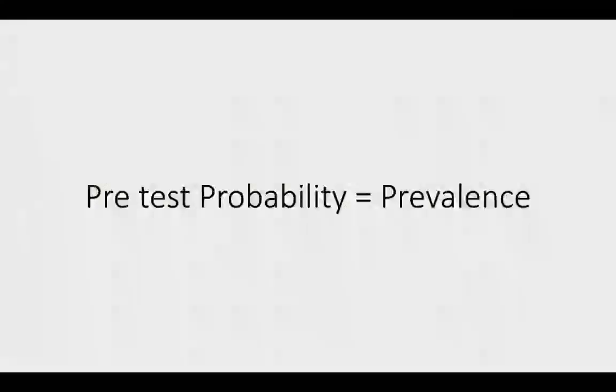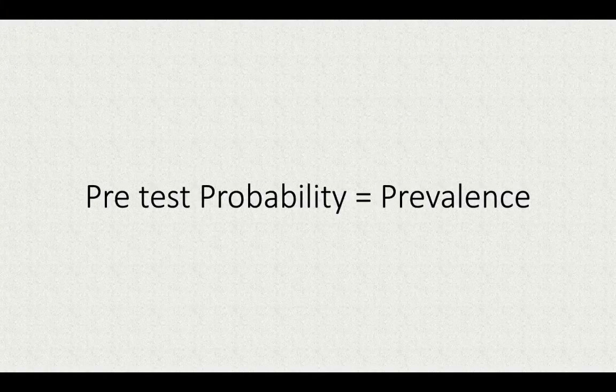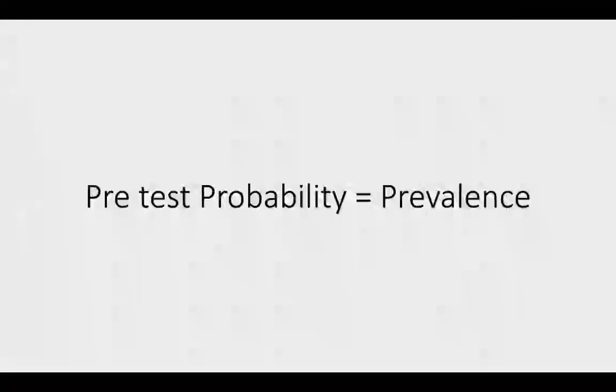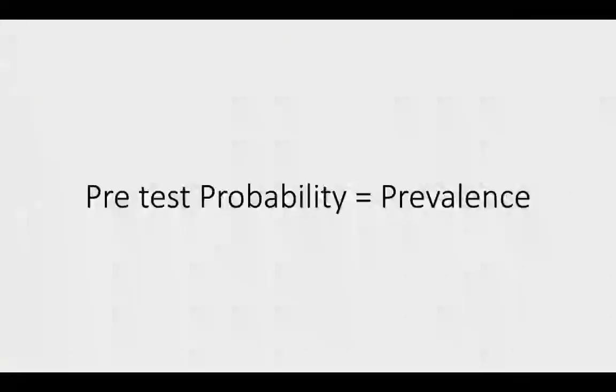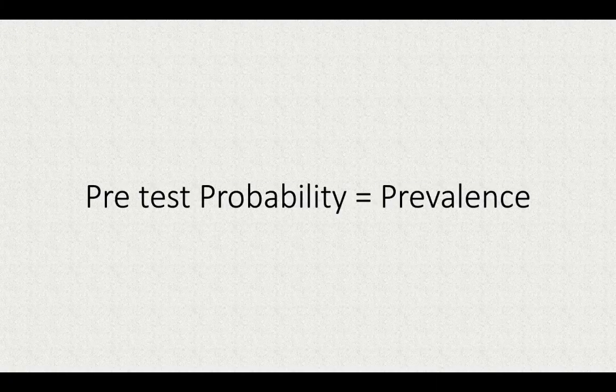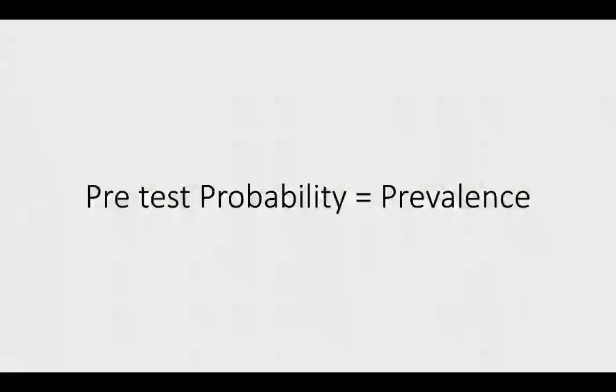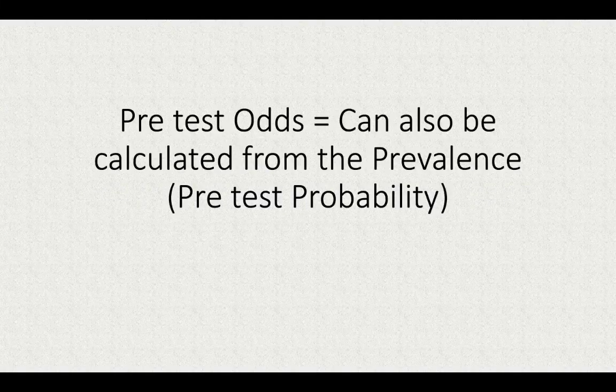Let's first discuss pre-test probability. Whenever you solve these types of questions, you should always remember that the pre-test probability is nothing but the prevalence. The pre-test odds can also be calculated from the prevalence, which is the pre-test probability.